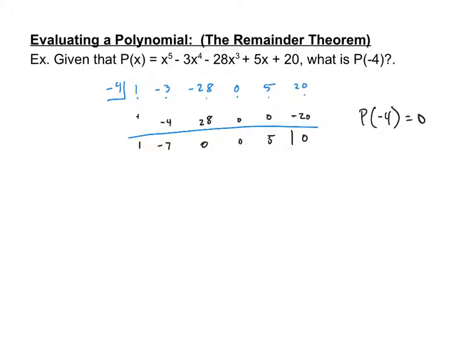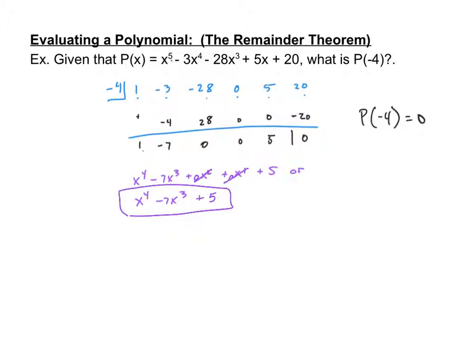In this case, if I rewrite my equation, I know that the degree of my result is going to be 1 lower, so instead of x to the 5th, I'm going to have x to the 4th, so that's x to the 4th minus 7x to the 3rd plus 0x to the 2nd, sorry, I'm messing up the numbers here, plus 0x, and that's going to cancel out, and that's going to be plus 5.